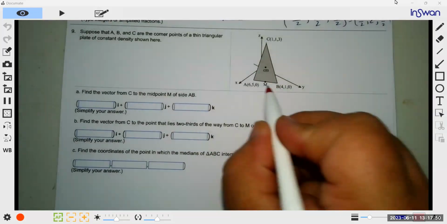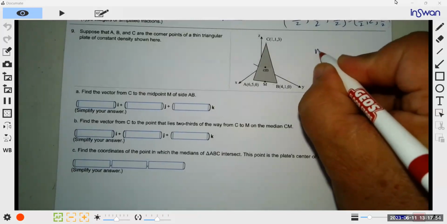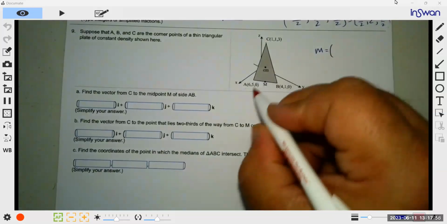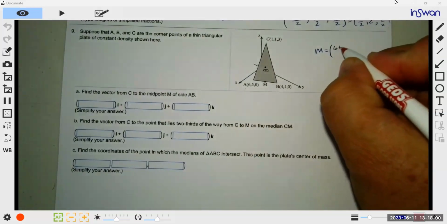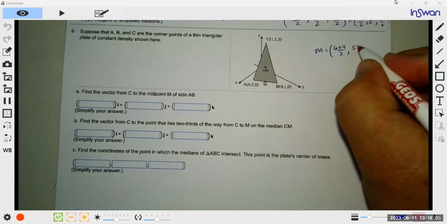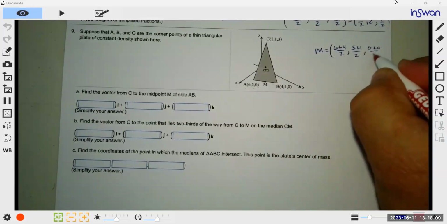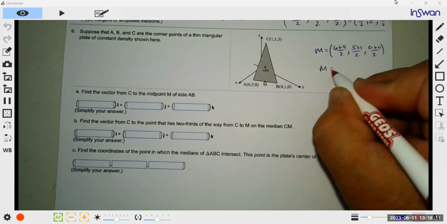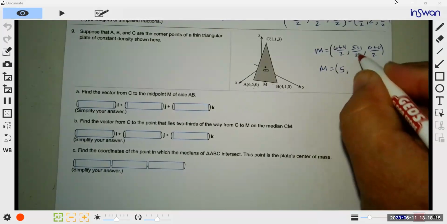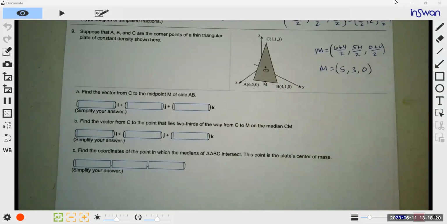What we have to first do is find the midpoint between A and B. So the x values are 6 plus 4 over 2, 5 plus 1 over 2, 0 plus 0 over 2. So the midpoint is at 10 divided by 2 is 5, 6 divided by 2 is 3, 0.